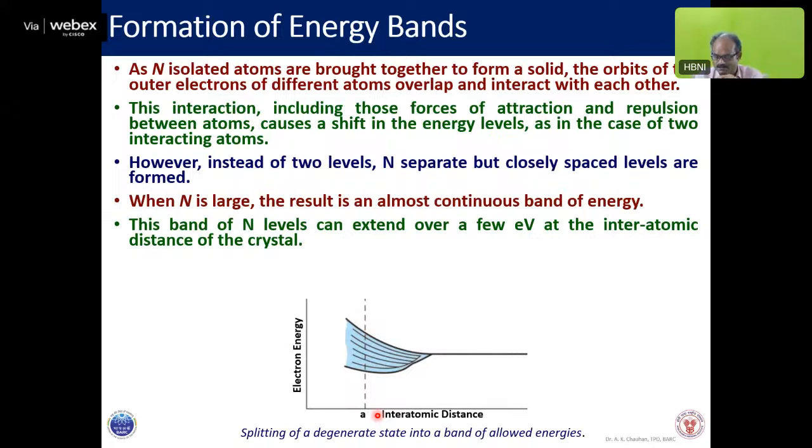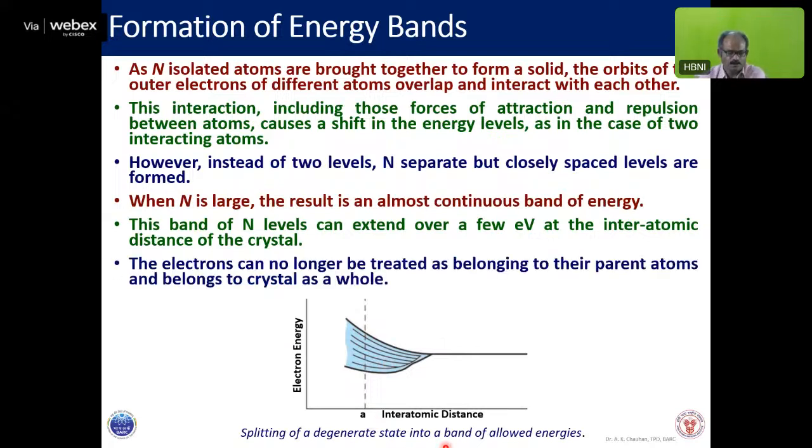If it is an FCC structure, they go very close to each other, almost touching, so the interatomic distance will be 2r, if r is the radius of one atom.